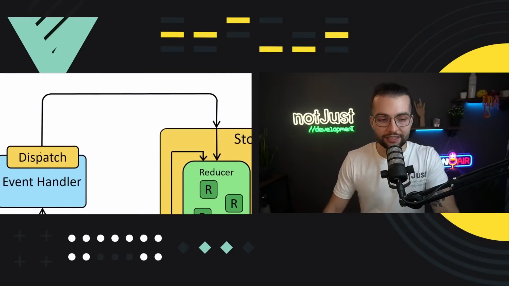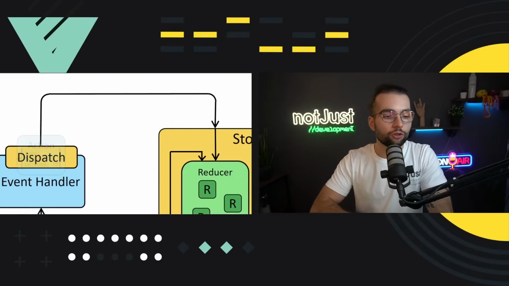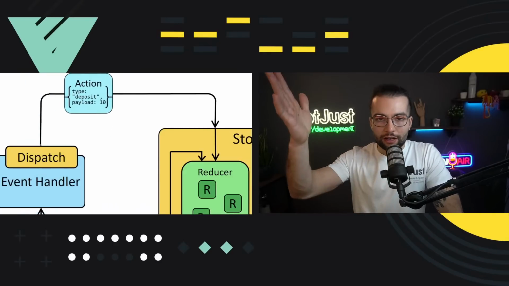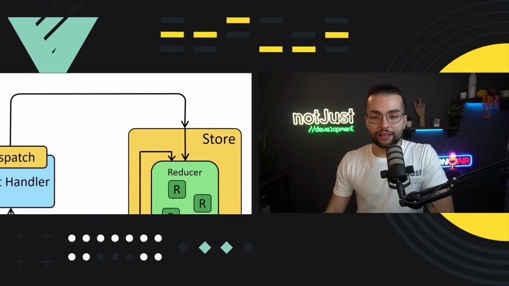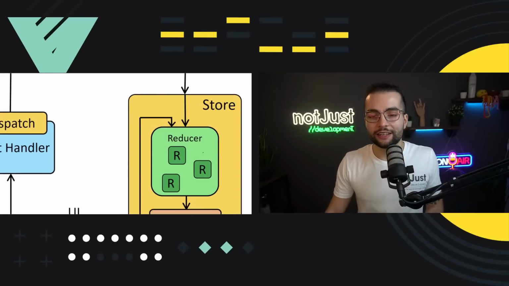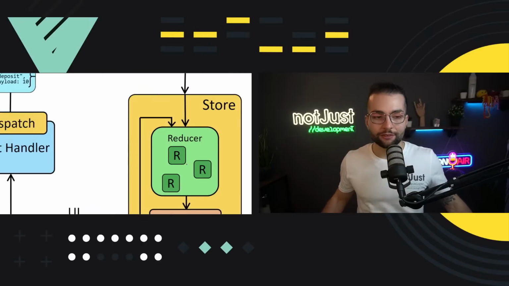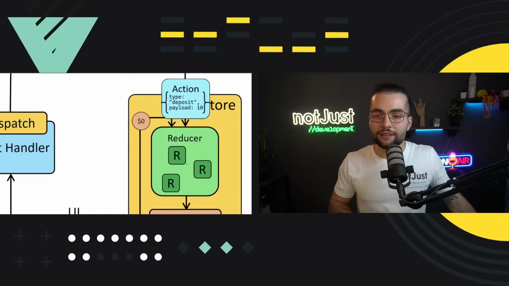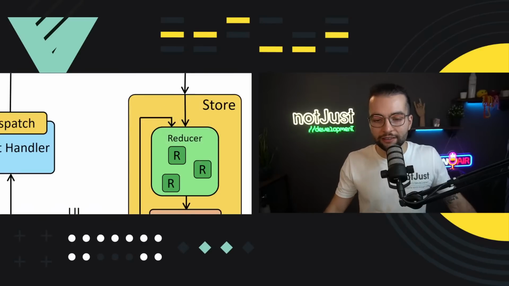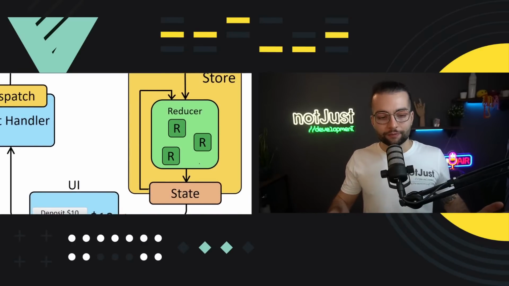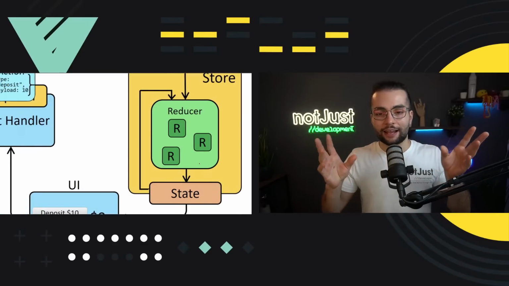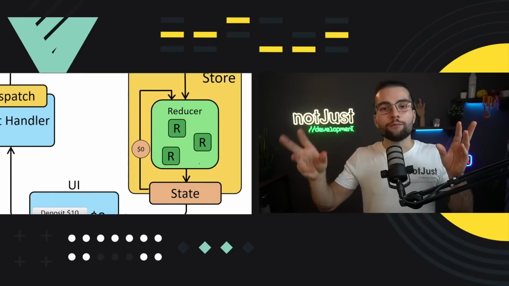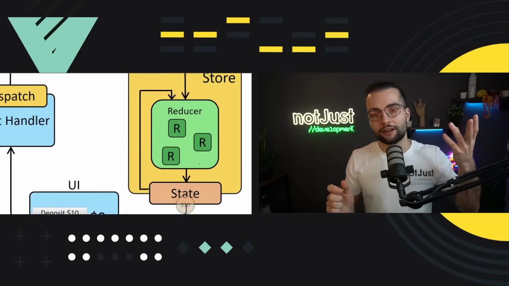Okay, these actions, as I said, do not change anything. They're just sent out there as events. What they do is trigger one of the reducers. What are reducers? Reducers are simple functions that we define in our store. They take the action and the current state, and based on these two pieces of information, they mutate the state based on the action.